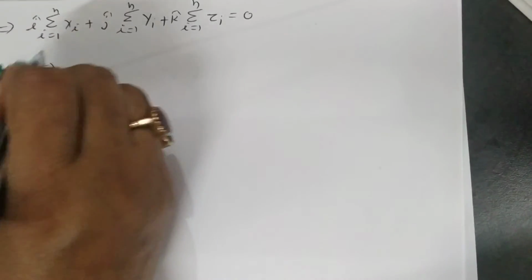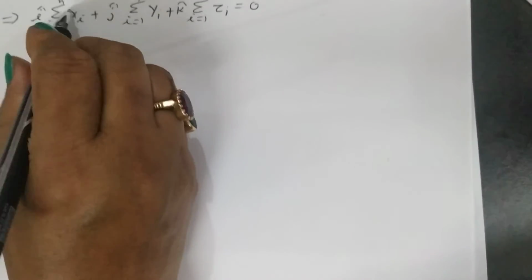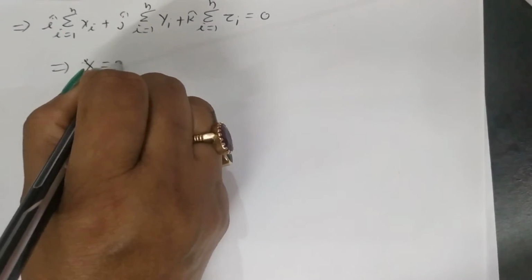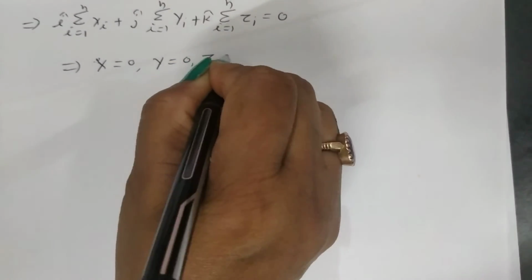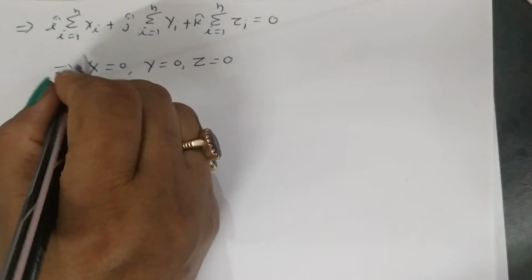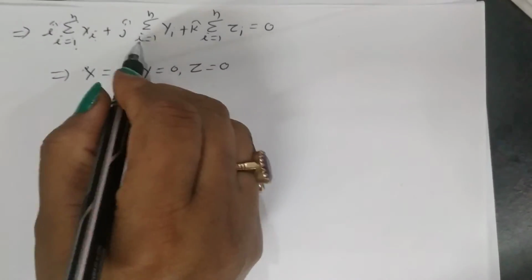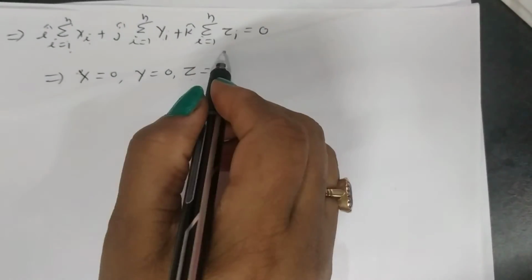This implies that X is equal to 0, Y is equal to 0 and Z is equal to 0, where X is sigma of i varying from 1 to n xi, Y is sigma of i varying from 1 to n yi, and Z is the sum of zi.